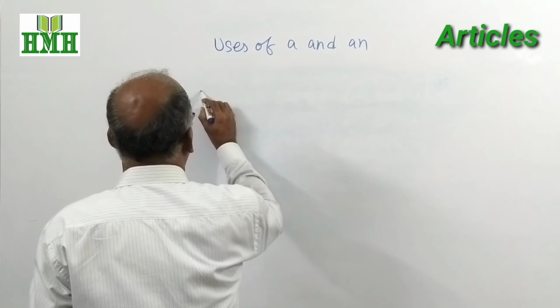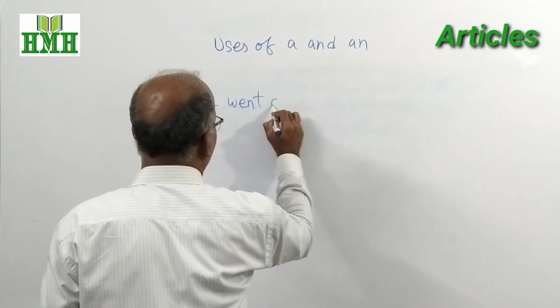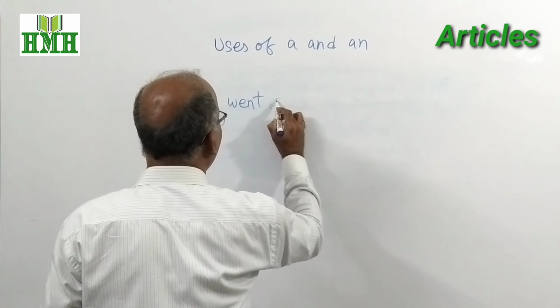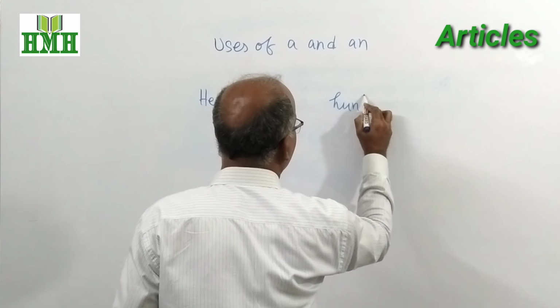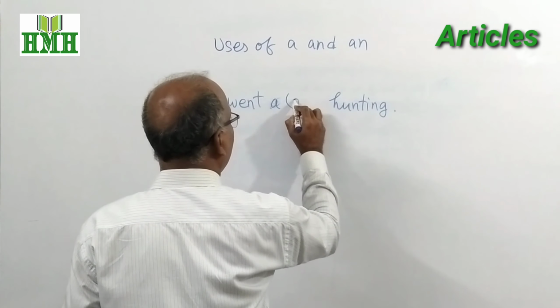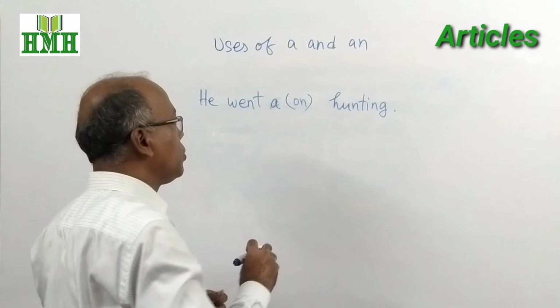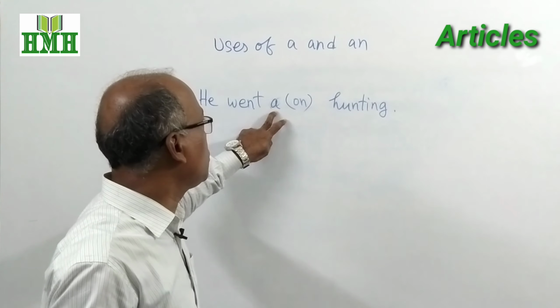Suppose, he went a hunting. He went a hunting. Here a is used in lieu of on. Disguised preposition.